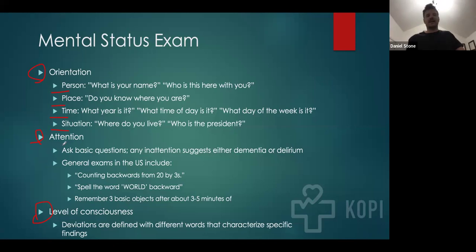Attention is a pretty broad thing, but it usually is deviated in delirium or dementia. Attention basically just assumes that an individual is able to perform basic tasks. So usually in the United States, we ask patients to count backwards from 20 by threes, or we ask them to spell a word backwards.